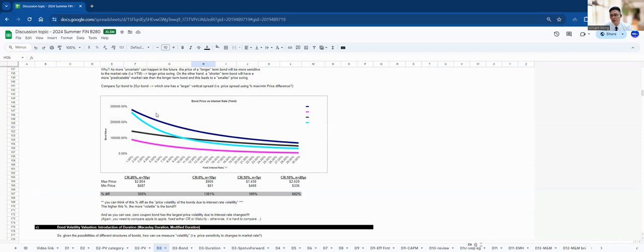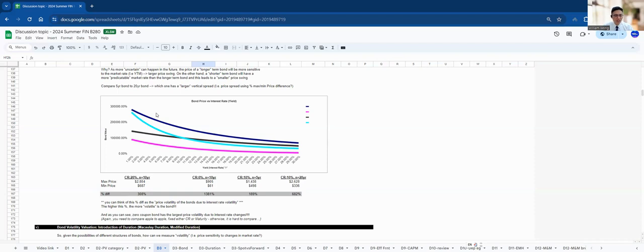At 5% going up to 6%, then the effect is actually minimal. This is called the price yield curve. This is the price, and this is the yield. The price yield curve is always convex. Why is it not a straight line? Because of the time value of money. It's the compound effect that actually bends the straight line into a curve.